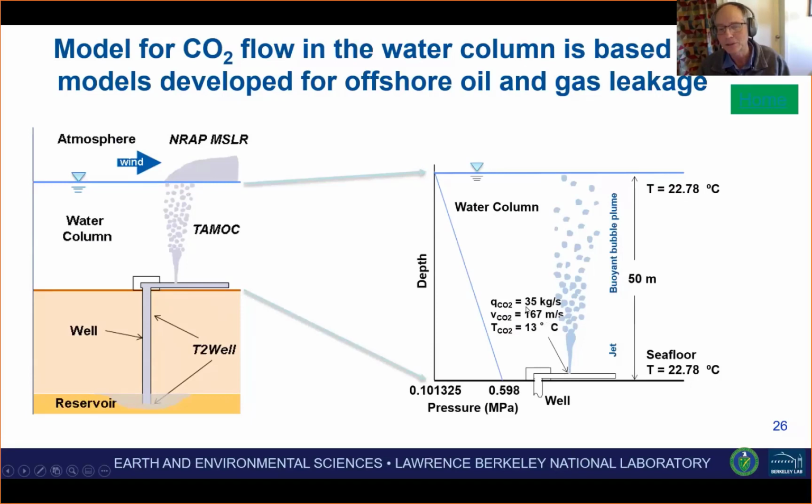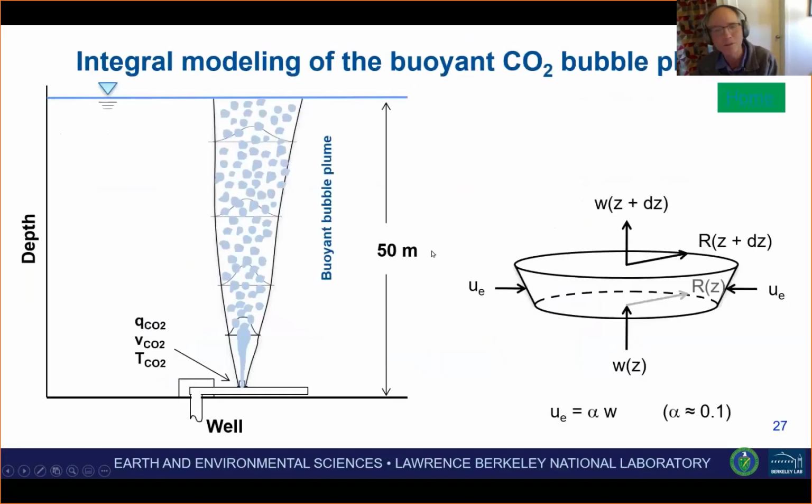So from a 2-inch hole, we have basically 1 million tons per year capable of escaping in a jet, very high velocity, with some decompression cooling going on, but it comes into the water column and causes all kinds of bubbles and slows down and whatnot. So this is TAMOC. It does an integral modeling approach of a buoyant CO2 bubble plume.